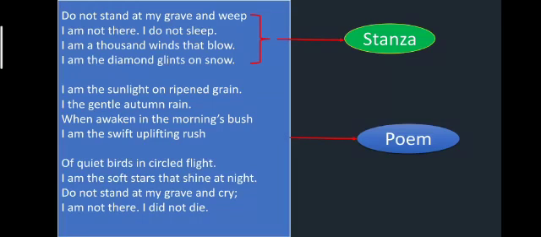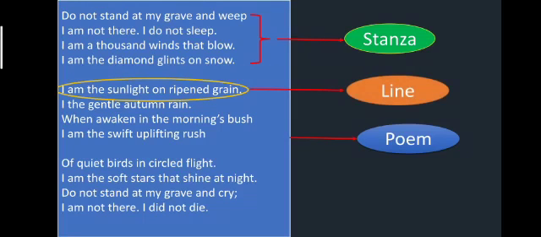Okay, so here we have this poem which is divided into 3 stanzas, and each stanza contains 4 lines. So the line is part of the stanza. So for example, here we have "I am the sunlight on ripened grain." So this is a line, and this is part of the first line of stanza number 2.